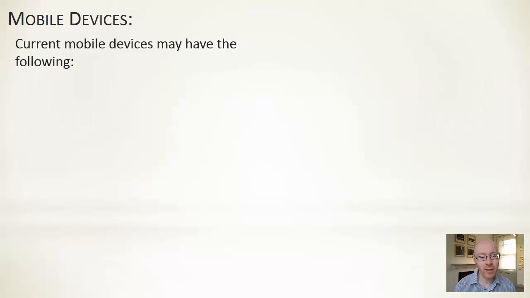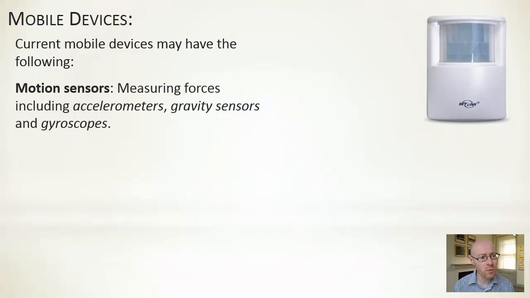But beyond that, they do have quite a broad range of sensors, and as the different generations have gone on, the range of sensors has increased, so that now they're actually quite rich. They can be broken up into a number of different types of sensor. First one is motion sensors, and they're ones that measure changes in the motion, the movement, the speed, the direction of travel, or whatever, of the device.